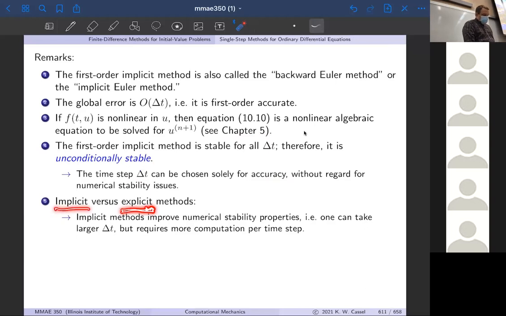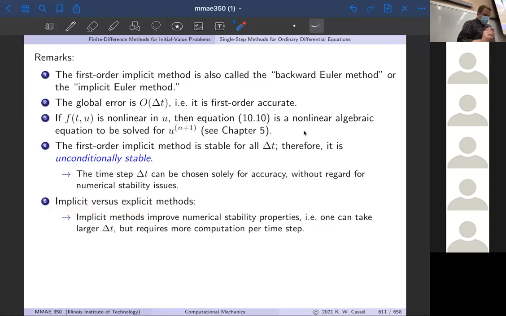Whereas implicit methods are much, much better in terms of stability. That doesn't mean all implicit methods applied to all equations are unconditionally stable. It just means that, in fact, I've never seen a situation where the criteria for numerical stability is not as good or worse than the explicit method.